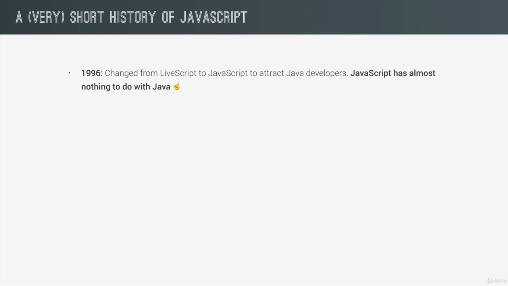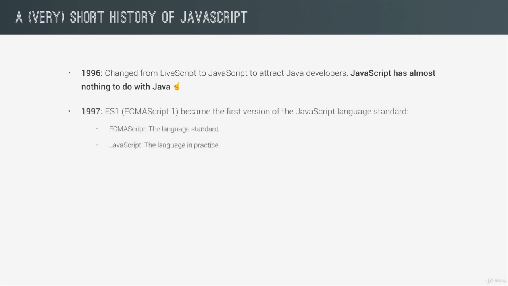Now, one year later, the language was submitted to an organization called ECMA International in order to create a new standard. And so ECMAScript 1, or ES1, became the first version of the JavaScript language. In the real world, we usually use the term ECMAScript to refer to the standard, while JavaScript is used when we talk about the language in practice. Now, fast forward to 2009, ES5 was released with a lot of new features.